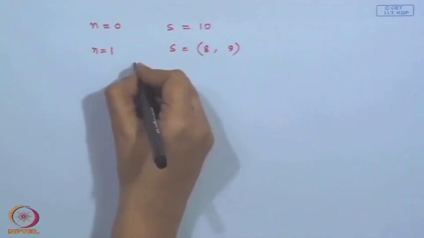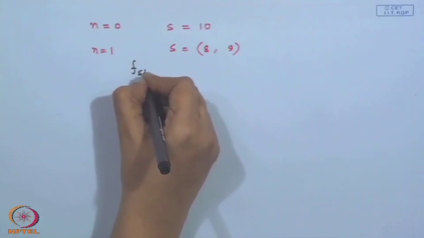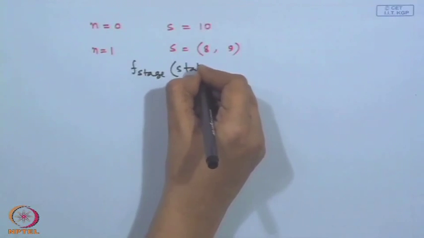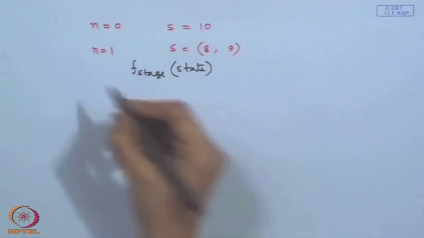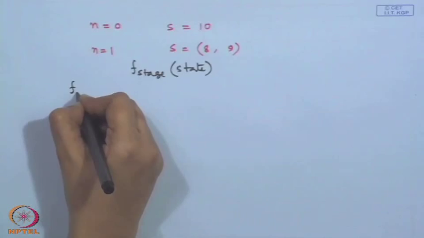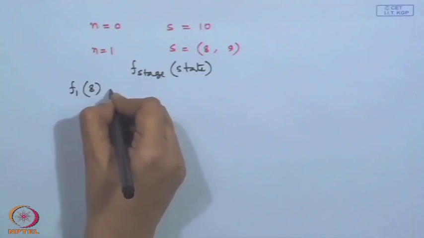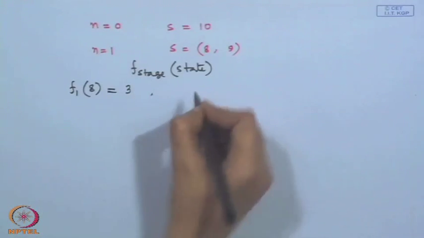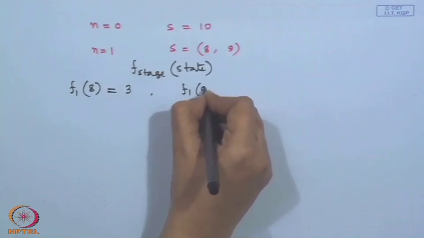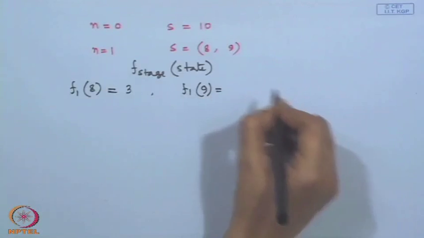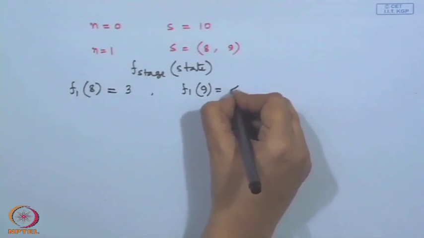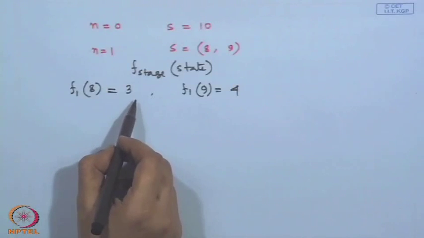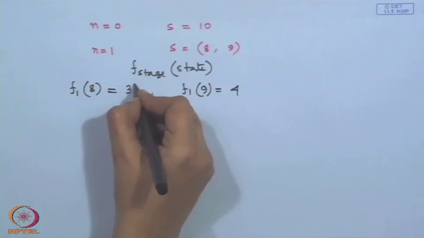We can formulate this objective functional value. That means we will consider f18, from 10 to 8, this is coming 8, and f19, the route 9 to 10, this is 4, and from here certainly we will select 3, that is my optimal value.